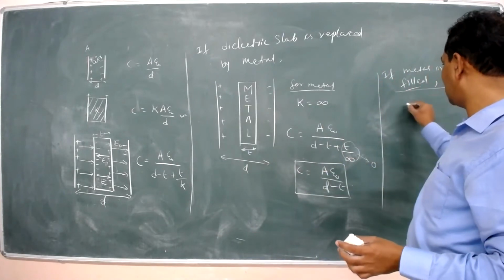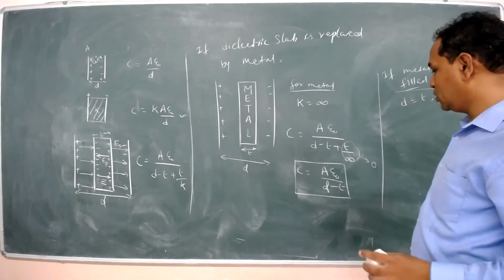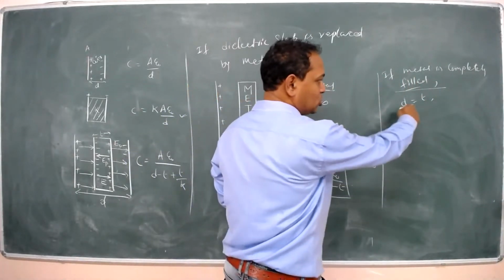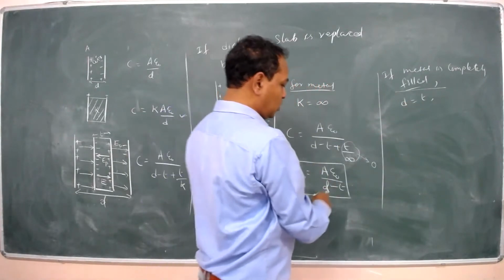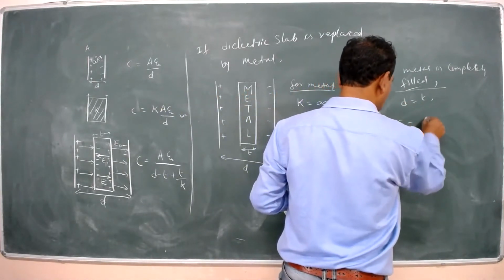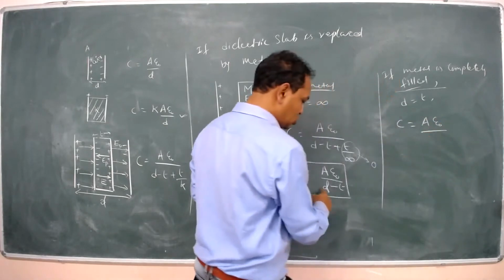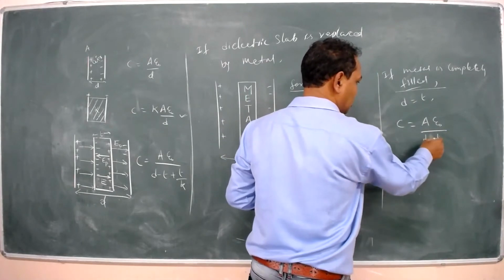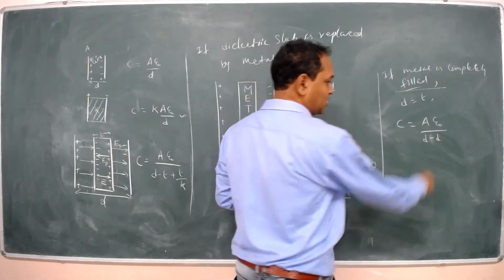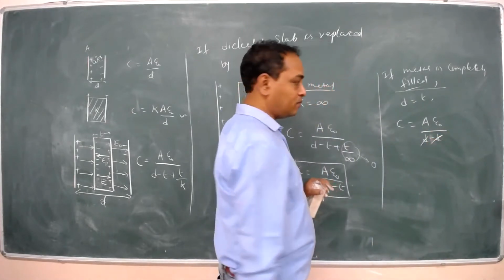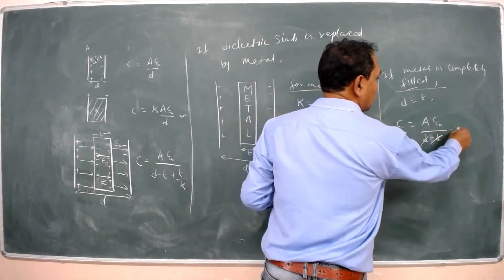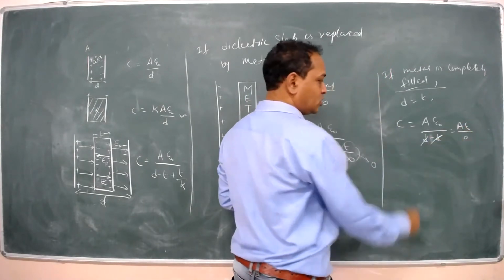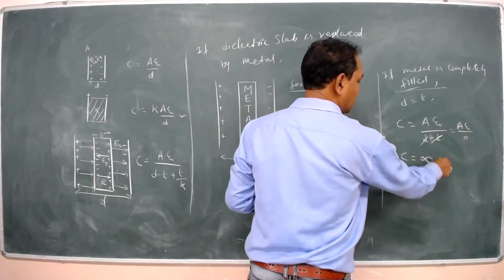So the condition is T equals D. From this formula, for the metal, we can say that C is equal to A epsilon naught by D minus D. Both are equal, so both will get cancelled. Therefore, we get A epsilon naught by 0. Anything by 0 is nothing but infinity.